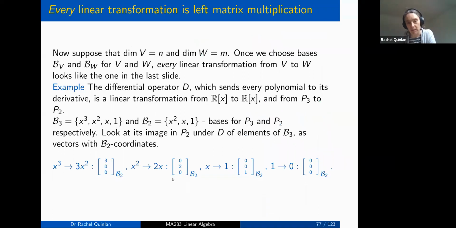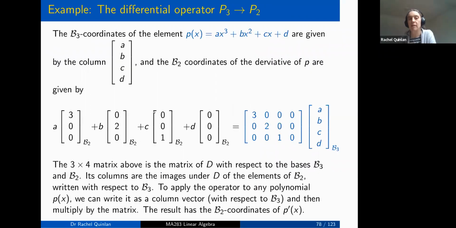These are the derivatives of the basis elements again, written with respect to the basis for P2, and so on: c times 0, 0, 1, d times 0, 0, 0.